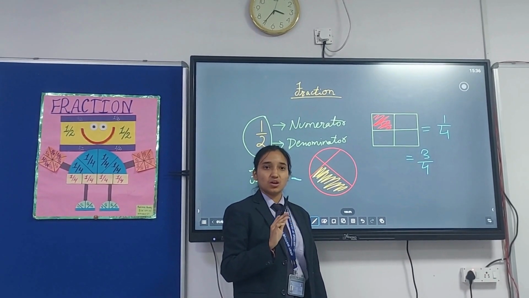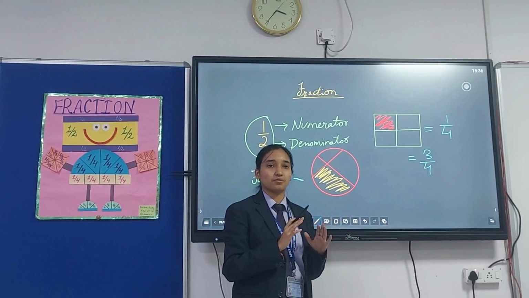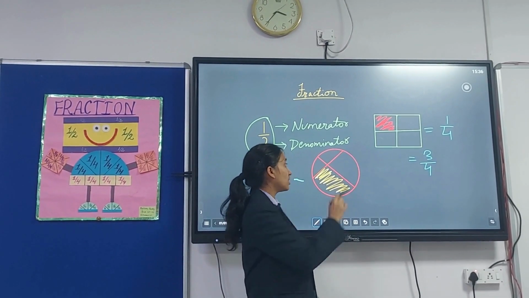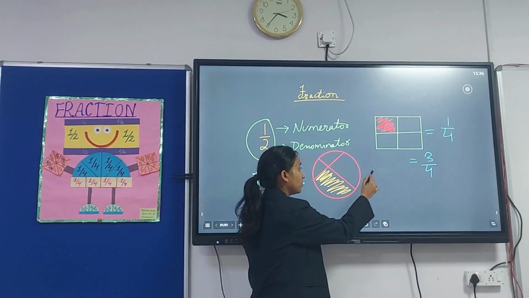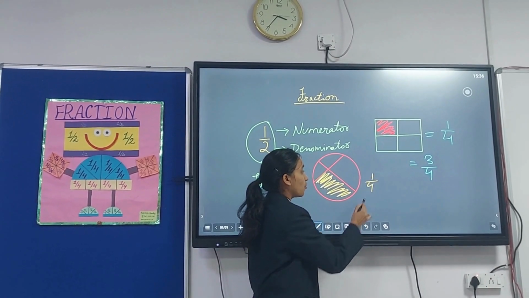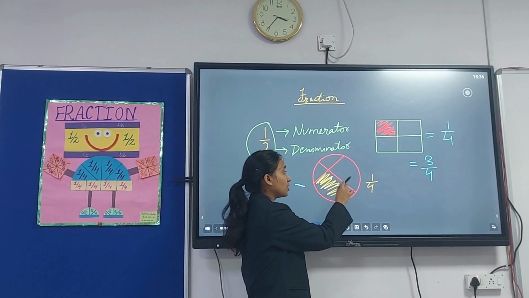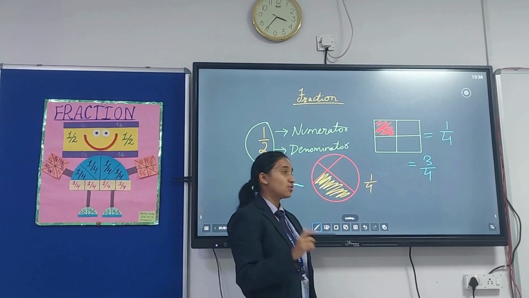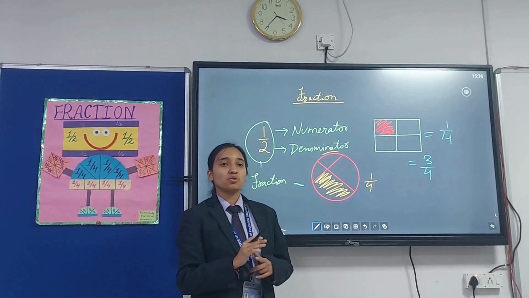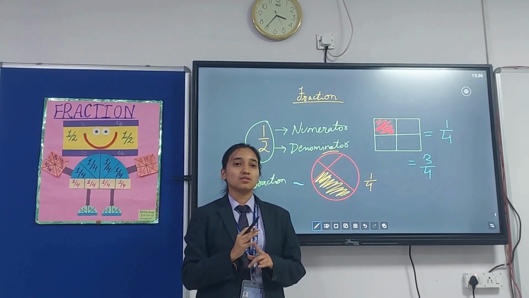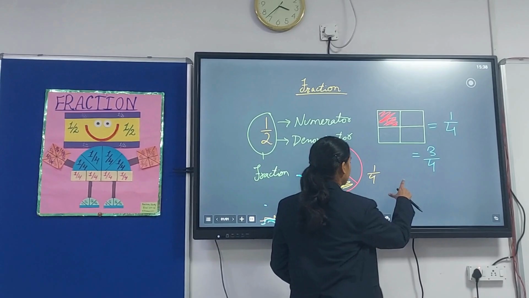Any guess? You will think it will be 1 by 4, but it is not, because here the parts are not divided equally. So it will not be considered as 1 by 4 because the parts are not divided into 4 equal parts. So it is not a fraction. Okay. So now you have learned about fraction. Now let's move to the types of fraction.